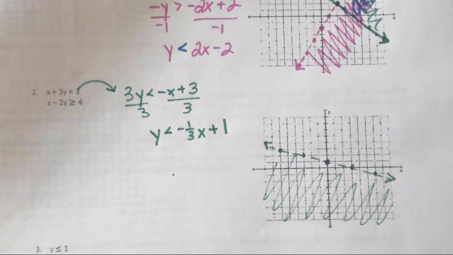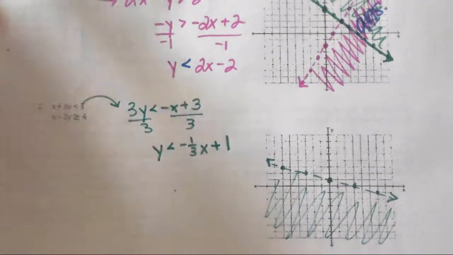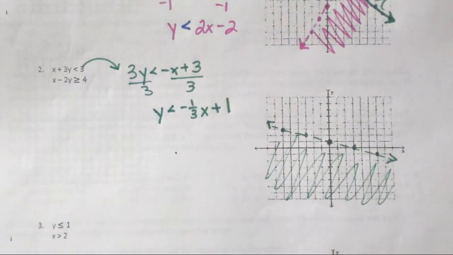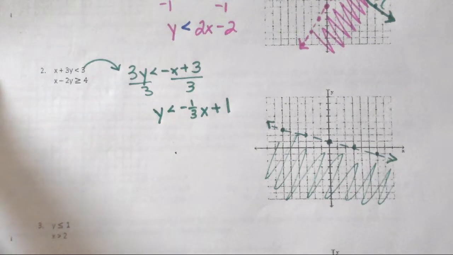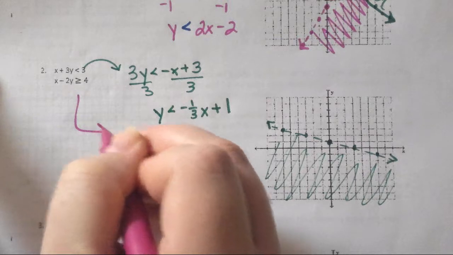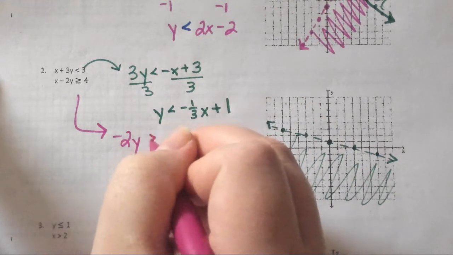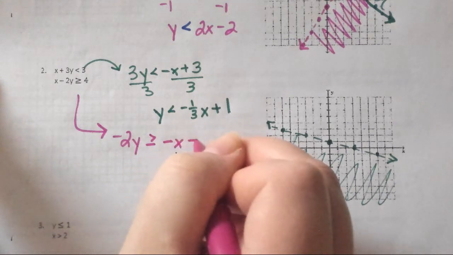And now I have to deal with my other equation because it's not in slope-intercept form. Okay, it was x minus 2y is greater than or equal to 4. If I subtract x from both sides, I'll have negative 2y is greater than or equal to negative x plus 4.